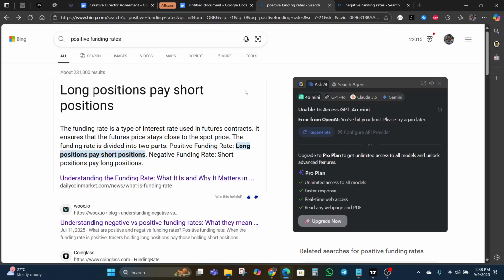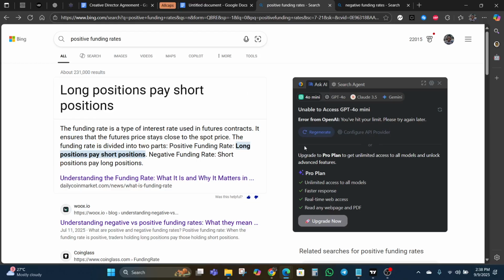So if you are a trader, probably a crypto trader, or a trader of assets that are more inclined towards the funding rates strategy, you want to take note of the accurate data of the positive and negative funding rates, and then use that as part of your fundamental analysis.